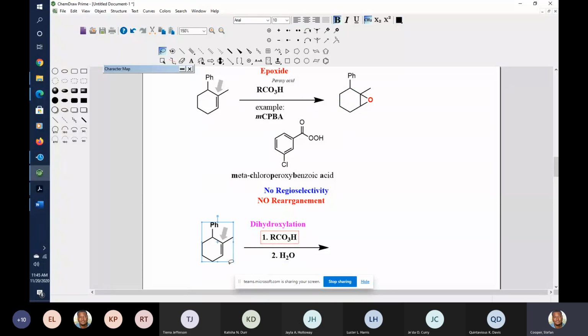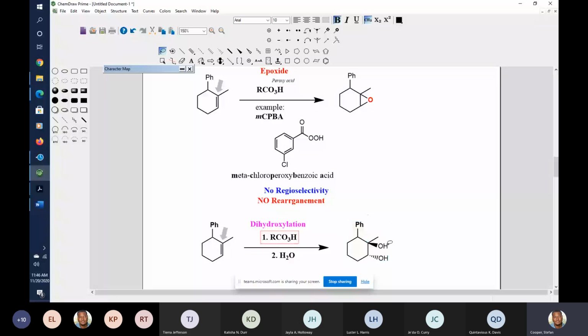And in doing so, now I'm going to have a compound that has an OH on that carbon and an OH on the bottom carbon, right?